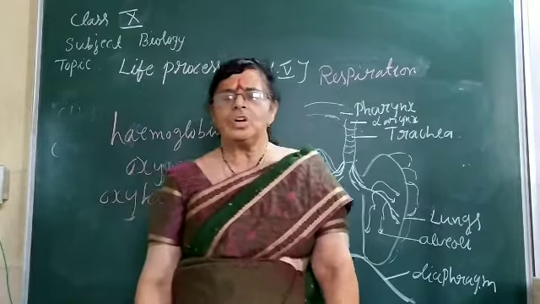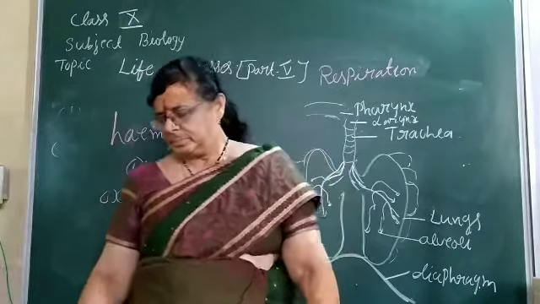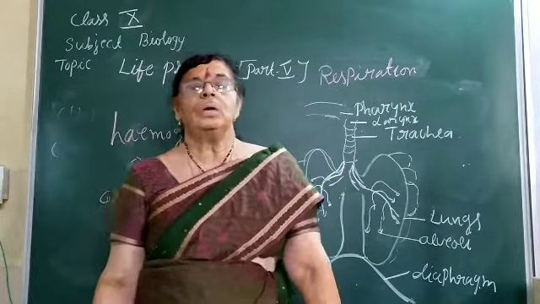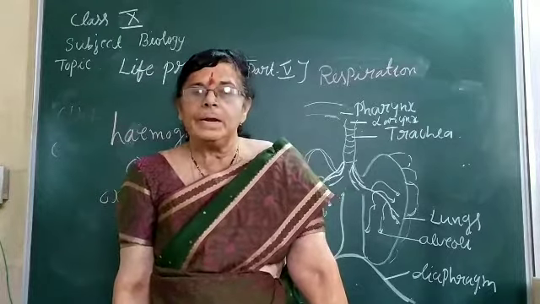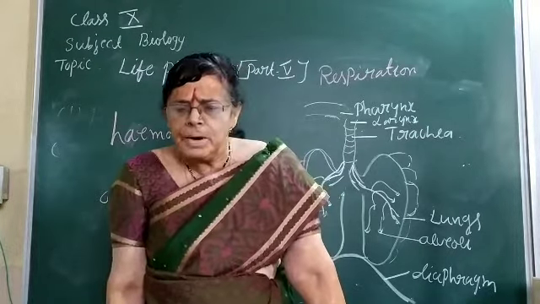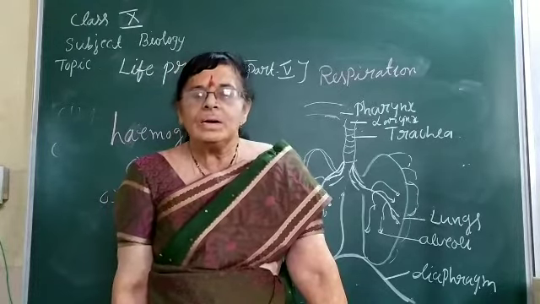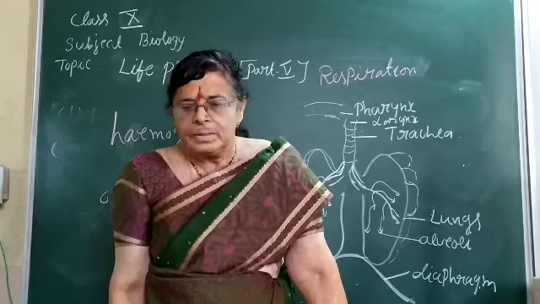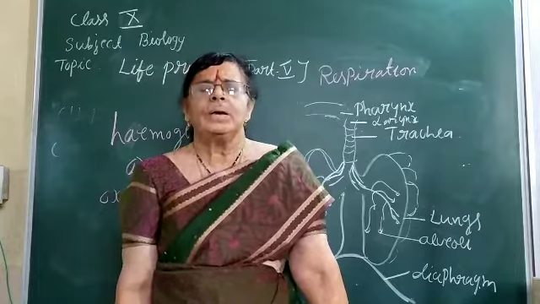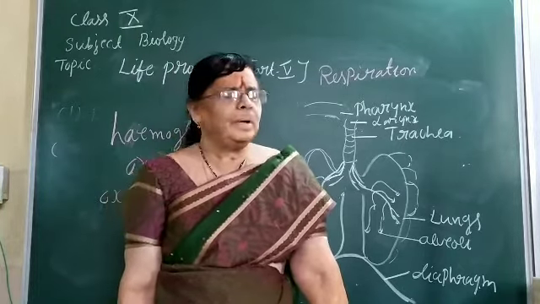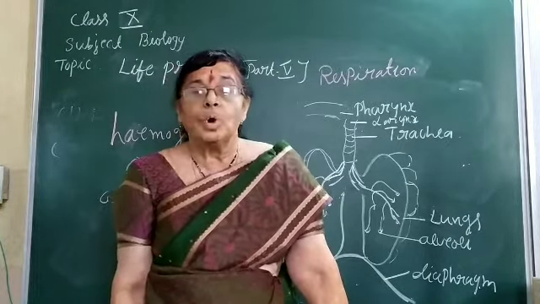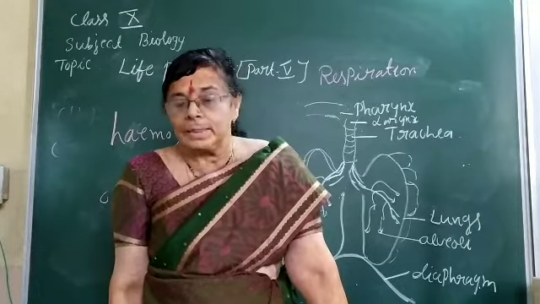Now, one caution about the lungs. Lungs are the main respiratory organs. It is important for us to see that our lungs are not spoiled. That's why always, in advertisements and in many places, you have seen, smoking is injurious to health.